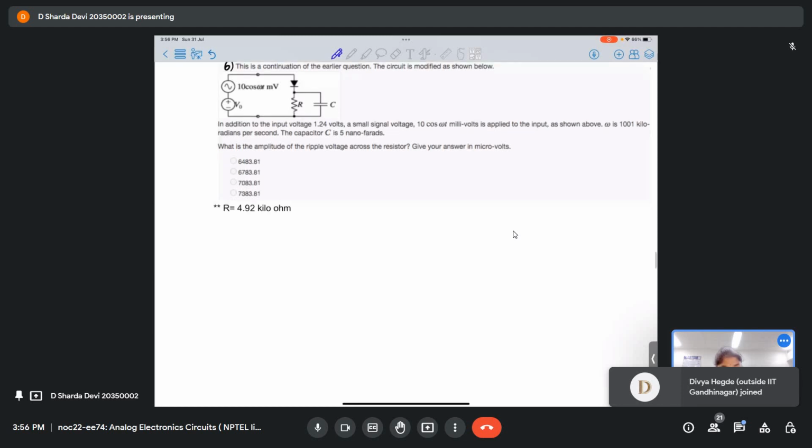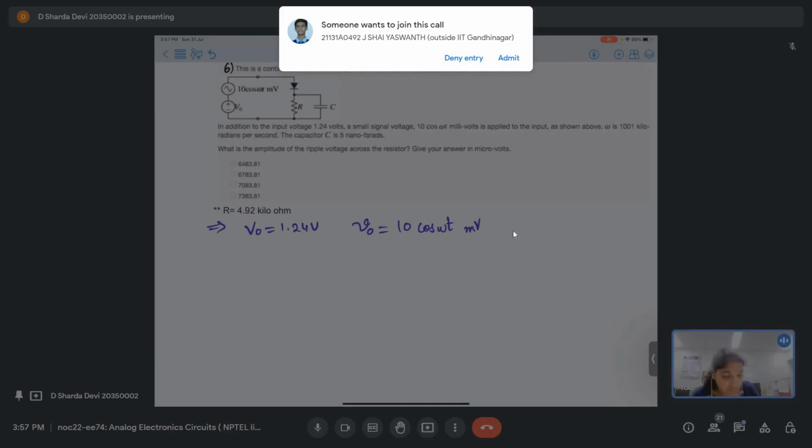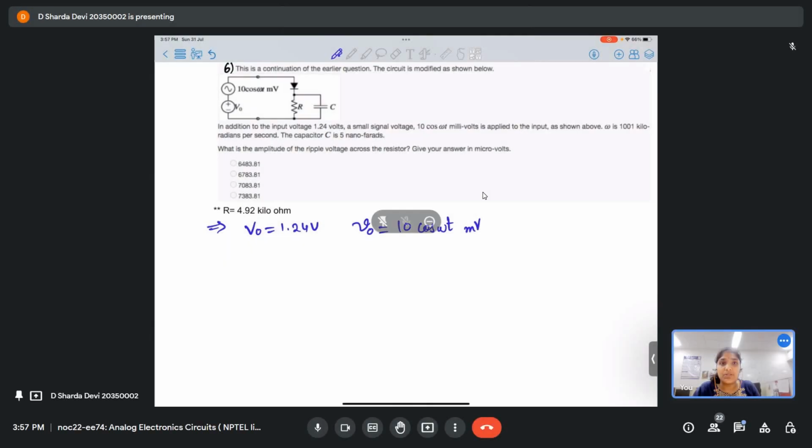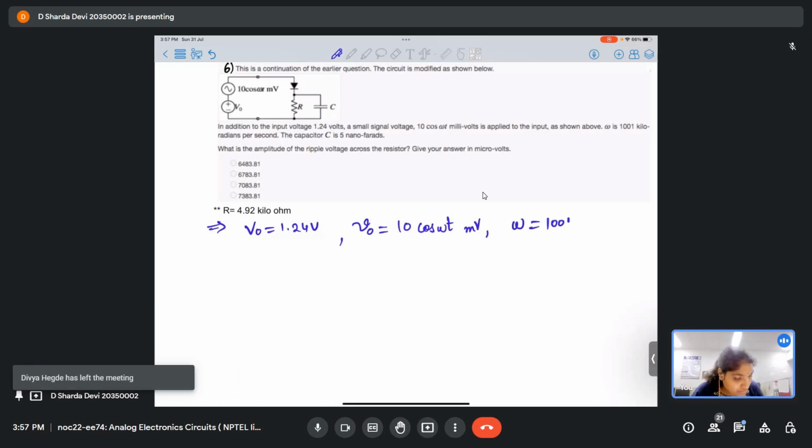So in this question, what we have to do, first of all, let's note down the information that is given to us. It's given that V0 is 1.24 volts. The small signal is, let's say, V0 is 10 cos omega t in millivolts. Omega is 1001 kilo radian per second.